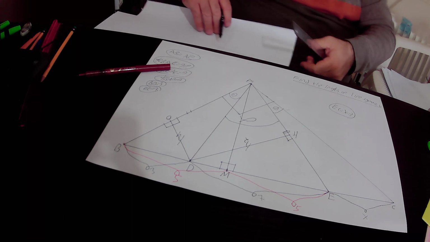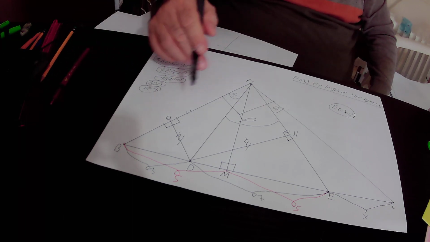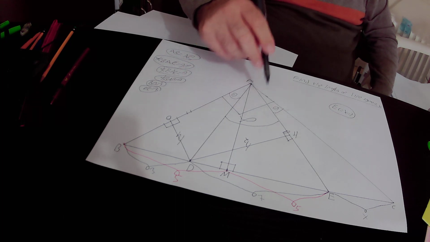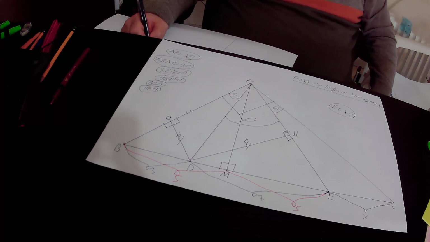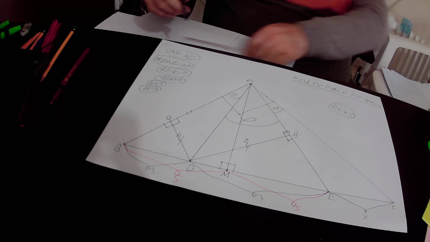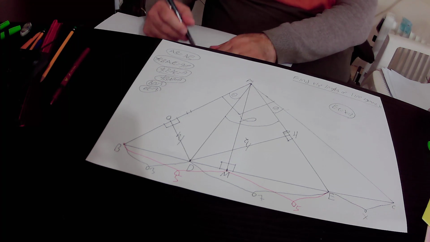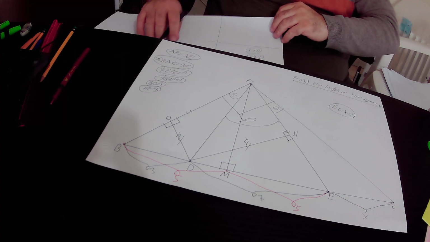I'll repeat again, we'll focus on the right triangle ABM and the right triangle MAE, and we will prove that those two right triangles can go into each other. So why can those two right triangles go into each other?